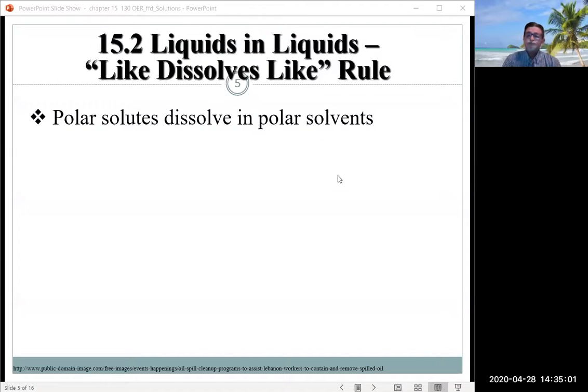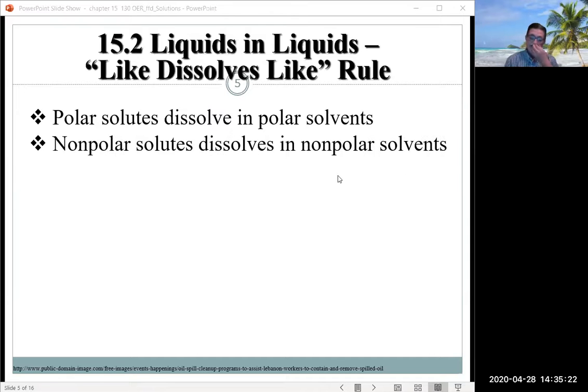Now the key thing about solutions to remember is that like dissolves like. So it goes back to polarity. Polar solutes dissolve in polar solvents. The opposite of that is nonpolar solutes dissolve in nonpolar solvents.